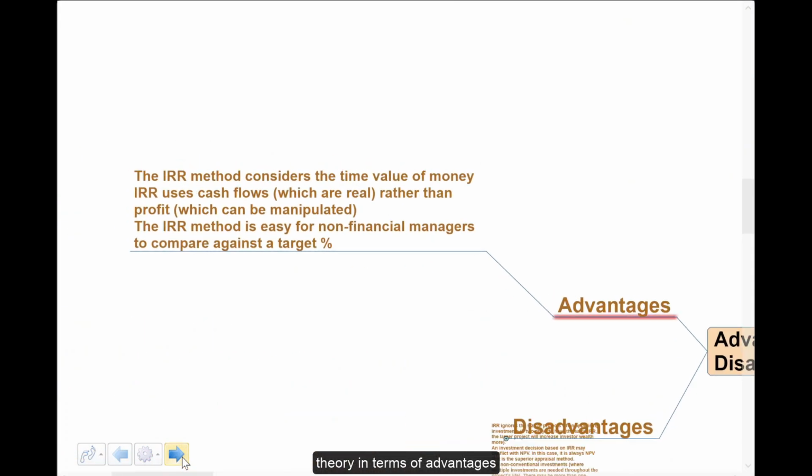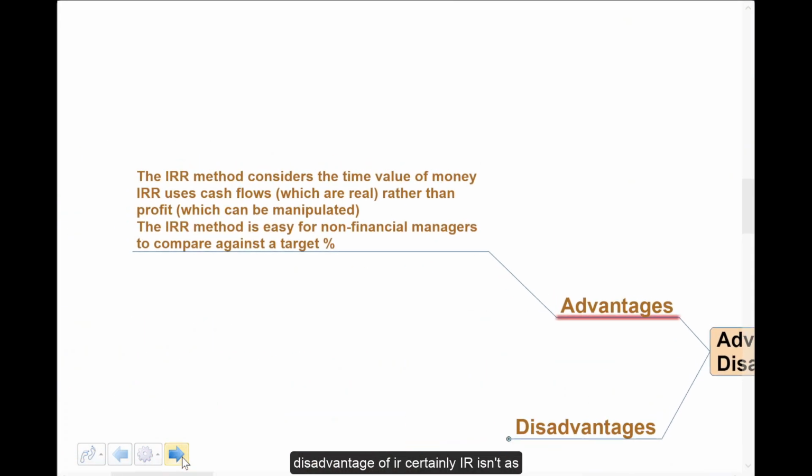In terms of advantages, disadvantages of IRR, certainly IRR isn't as popular as NPV in real life, but will come up in exams. First advantage is the obvious one. Given what we said about the definition, it does consider the time value of money. So that's a big, big plus. In addition to that, it uses cash flows. We like that too.